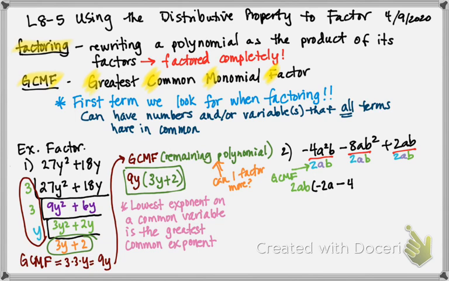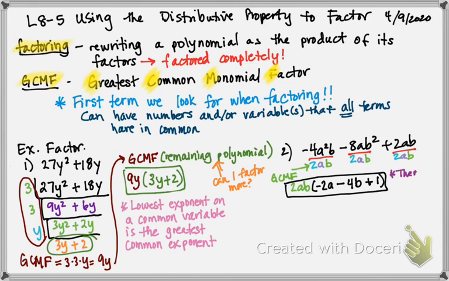B squared divided by b is going to give me a b. And then plus 2 divided by 2 is going to give me a 1. A divided by a is 1, b divided by b is 1. So 1 times 1 times 1 is 1. Okay? And that would be my answer. Now, before I do anything else, I do want to write this note.